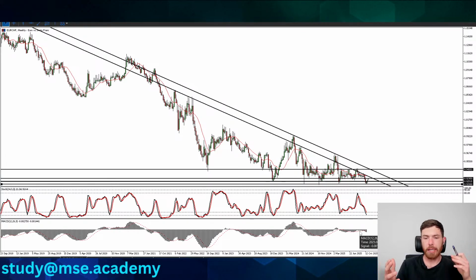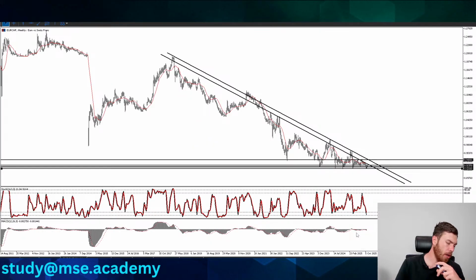Therefore meaning there are less sellers stepping in on this market because it's at this historic support level. So personally, my mindset on this trade is that I need to wait for the buyers to step in, that once enough buyers step in, we're going to see this market spike back to the upside.